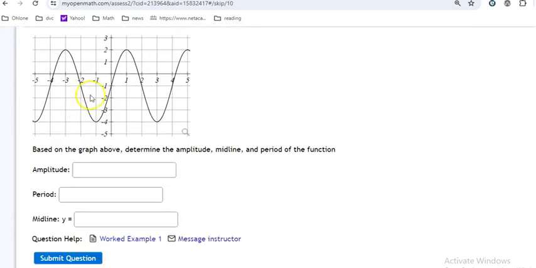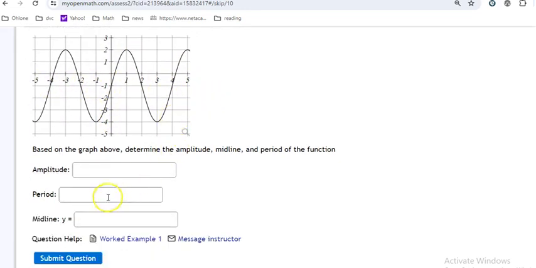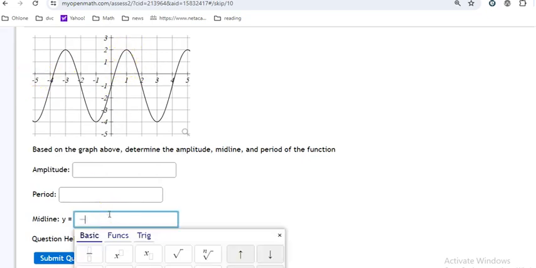Number 10, based on this, what are the amplitude, midline, and period of the graph? The amplitude would be what? It's not 2, because it goes from 2 to 4, so the middle should be 3, right? The midline is not 3; the midline should be at y equals negative 1.